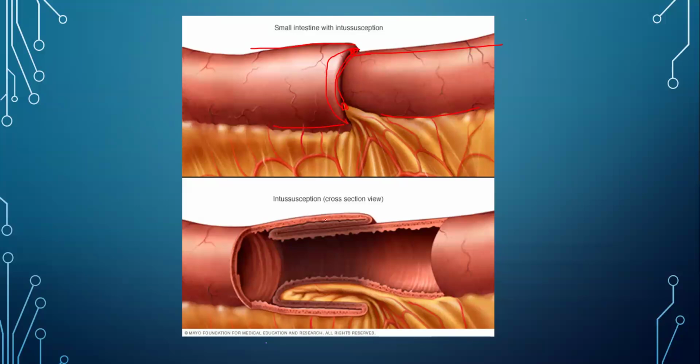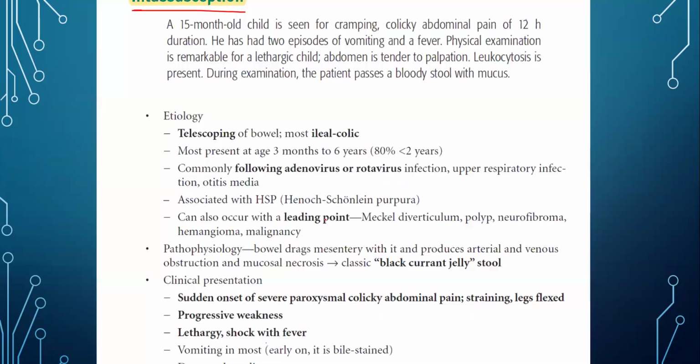They can also bring their knees to the chest and clench their fists as if they're in severe pain. So painful screaming episodes, with the child bringing the legs up to the chest and clenching the fists to show that they're in a lot of pain. That's the time we consider intussusception.